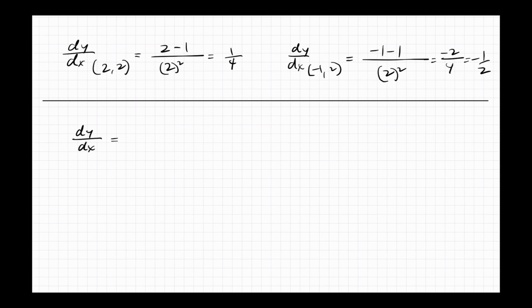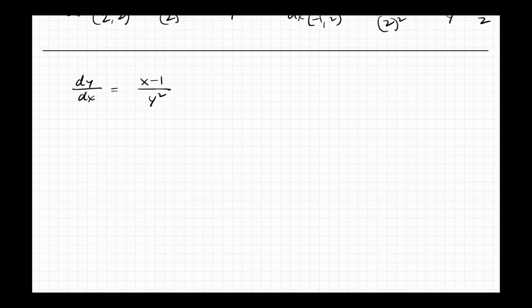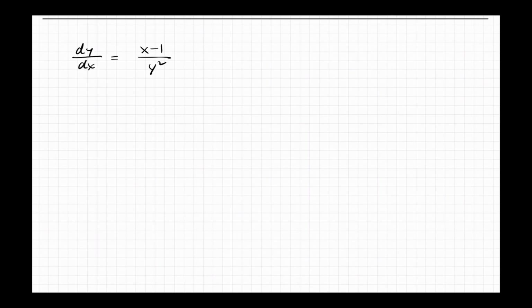Just like we did earlier in the week, dy/dx equals (x minus 1) y squared, right? Get all of your x's on one side, get all of your y's on the other. So I'm going to multiply both sides by y squared, and multiply both sides by dx.